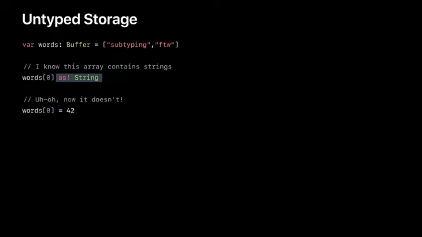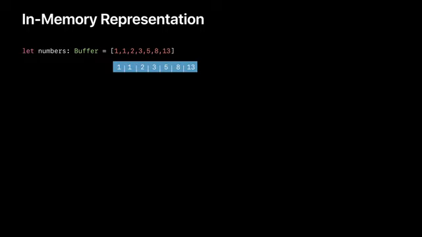Now, the ideal representation for a buffer of strings would be a contiguous block of memory, with every element held in line next to each other. But with an untyped approach, this doesn't work out quite so well, because the buffer doesn't know in advance what kind of type it's going to contain, and so it has to use a type like any that can account for any of the possibilities. And there's a lot of overhead in tracking, boxing, and unboxing the types in that any.